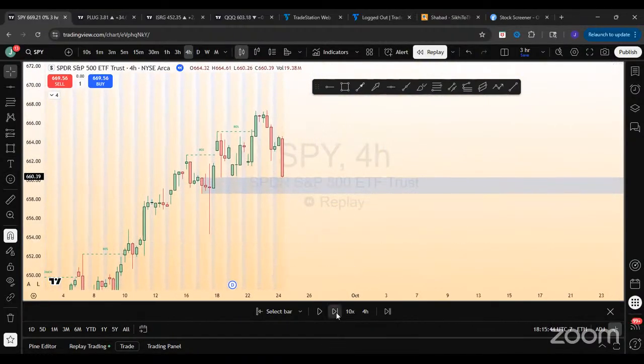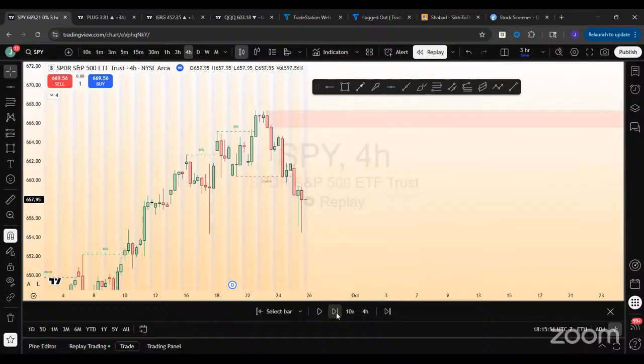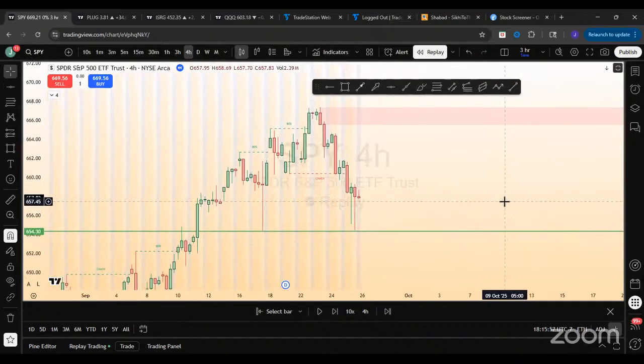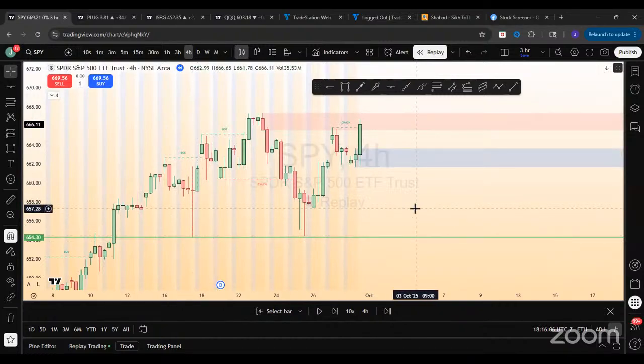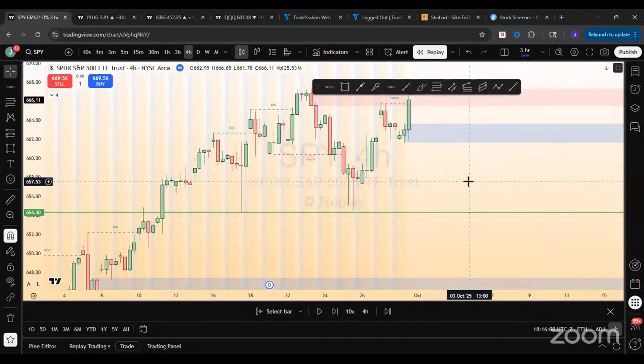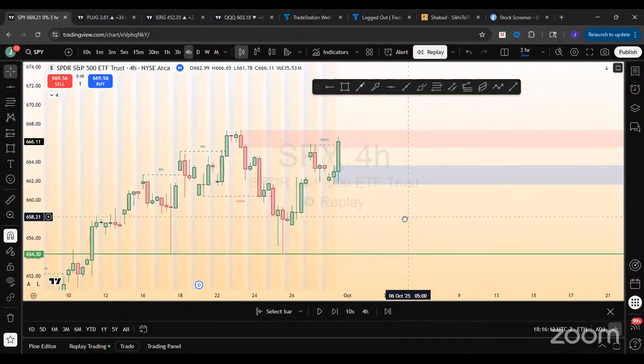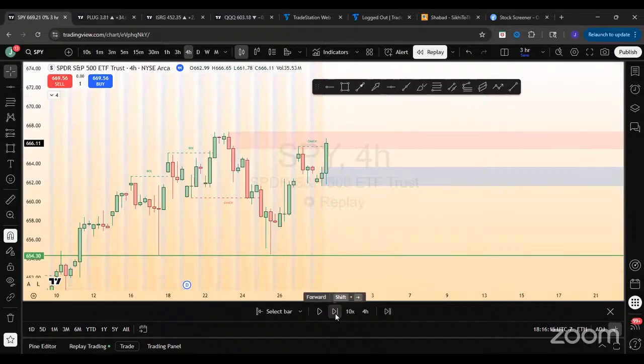Right when it broke that order block, we got that. So now this is a liquidity grab. So again, my level would have been at the low of this. I never broke that, because if it had broken this, we would have gotten a swing change of character, bearish.